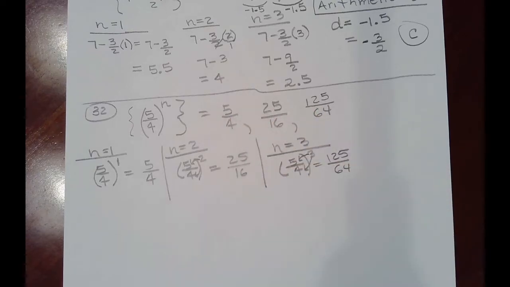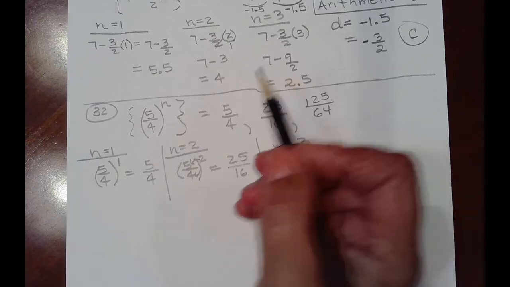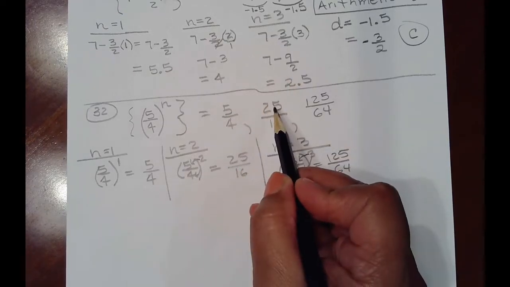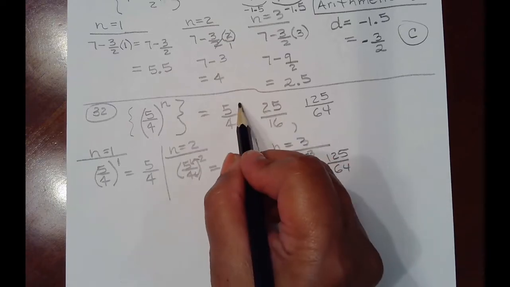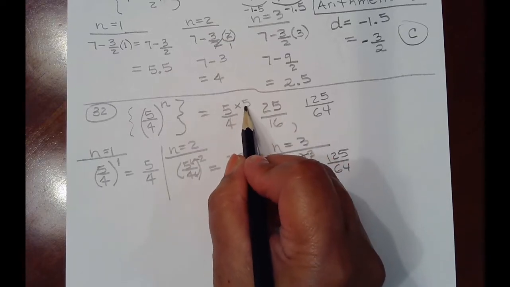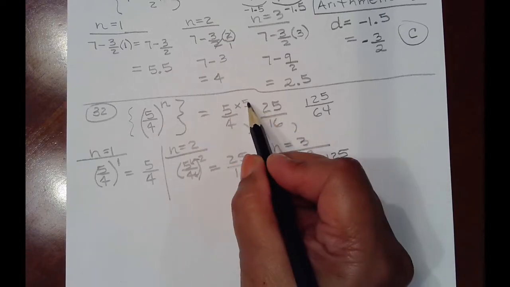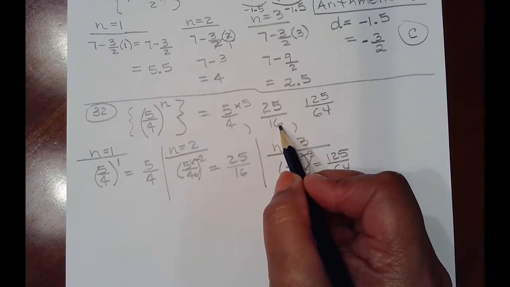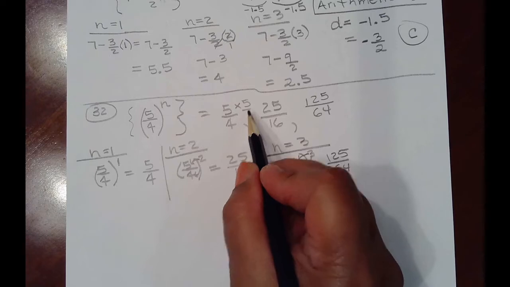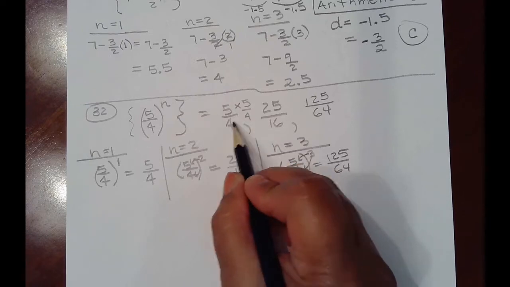So I believe what would work in this particular case would be, if I want to turn this into a 25, and you know that it's multiplication that's required, multiplication by a common ratio to get from term to term, I'd have to multiply this by 5 to turn this top into this top. And if I wanted to turn this into this, I would have to multiply 4 times 4.